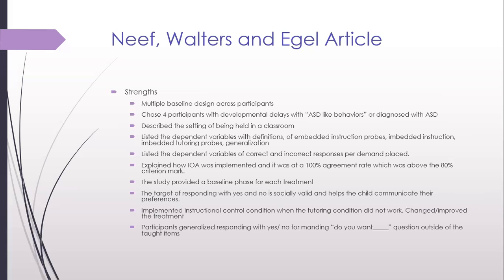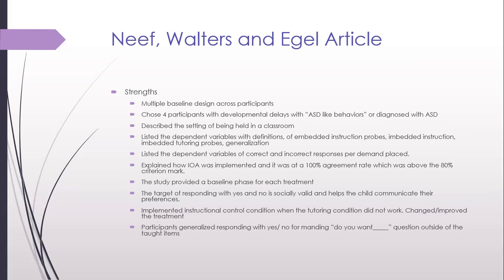The strengths of the article are that it was a multiple baseline design across participants. They chose 4 participants with developmental delays, with ASD-like behaviors, or who were actually diagnosed with ASD.